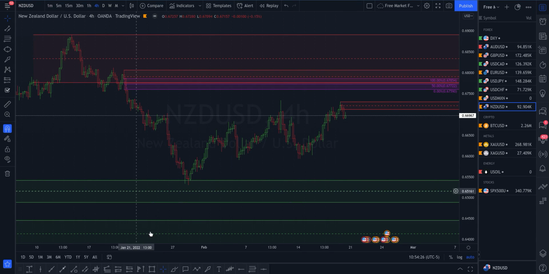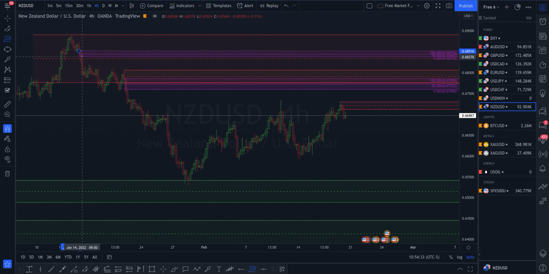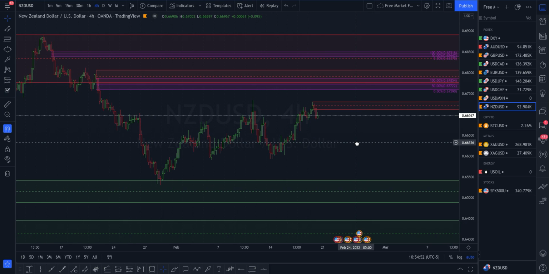And we do have imbalance here that the market could come up to fill. That's been mitigated, so it could play off of that imbalance. But again, I'm saying I'm going to be looking for shorts. But let me finish filling out the anatomy of this 4-hour.